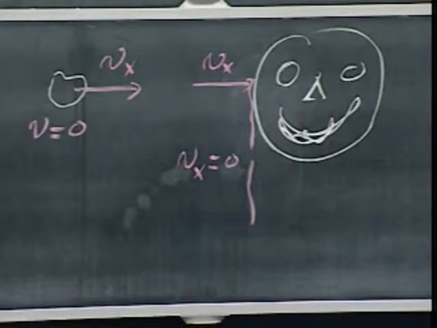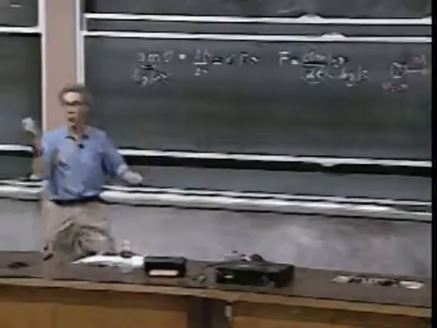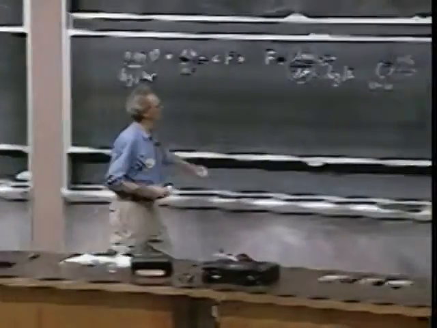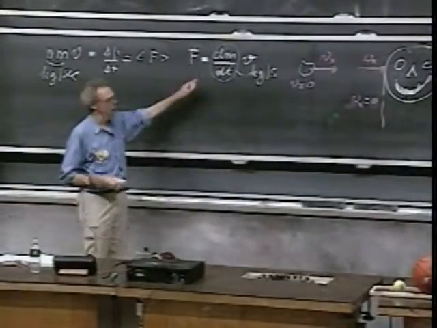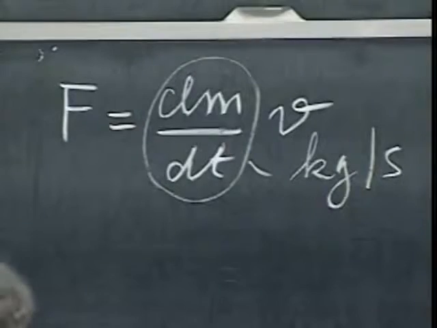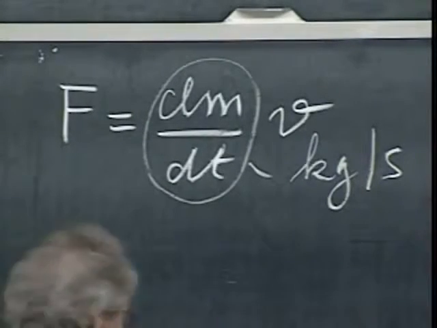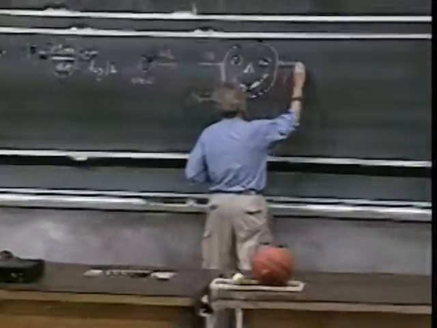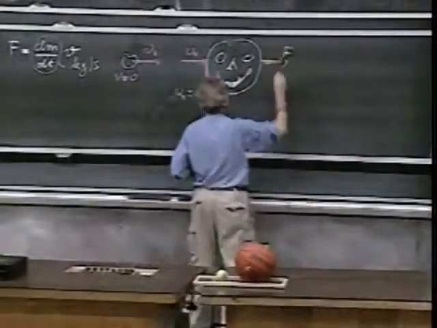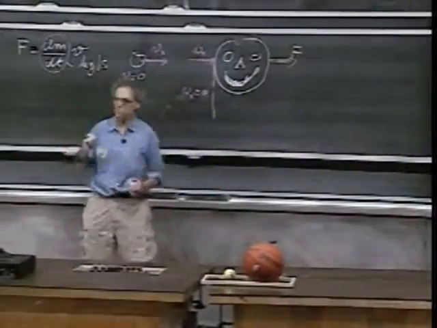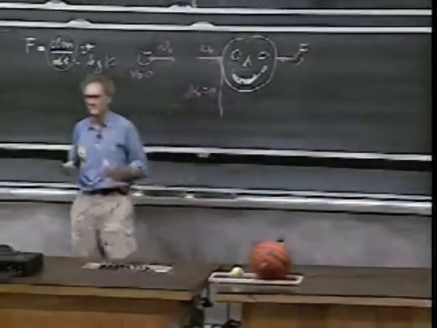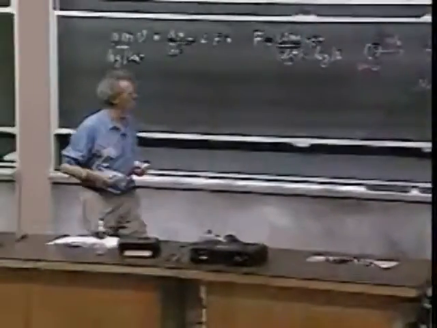You will experience a force if I keep throwing these tomatoes at you all the time, and this is the force that you will experience. And that force is, of course, in this direction. You get all these tomatoes, and you feel that as a force. But now look at the symmetry of the problem.